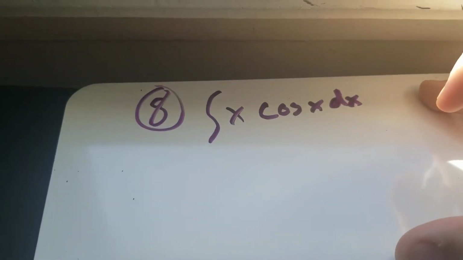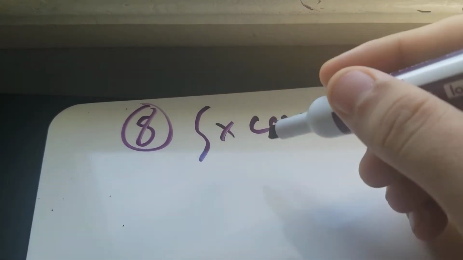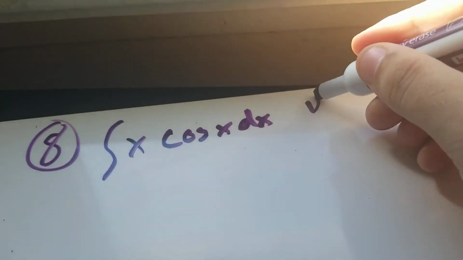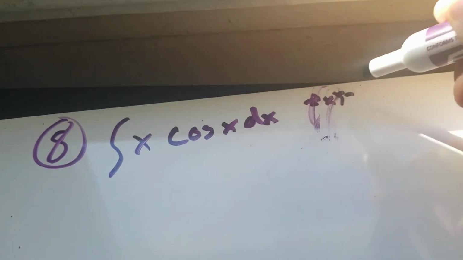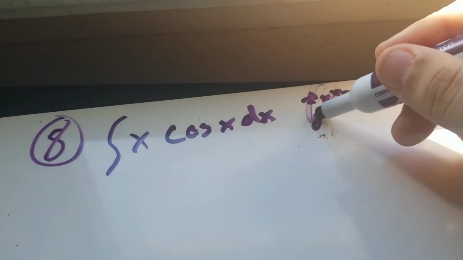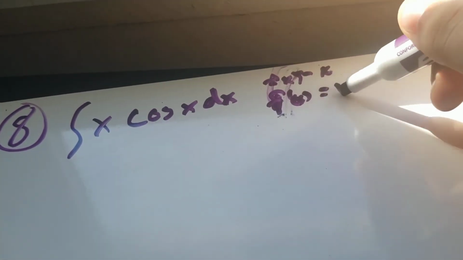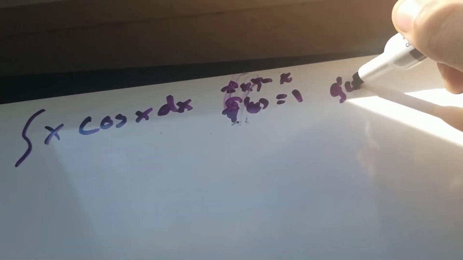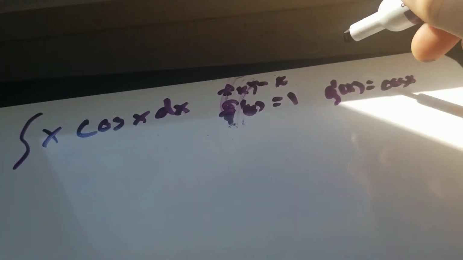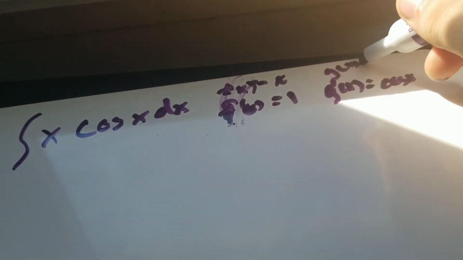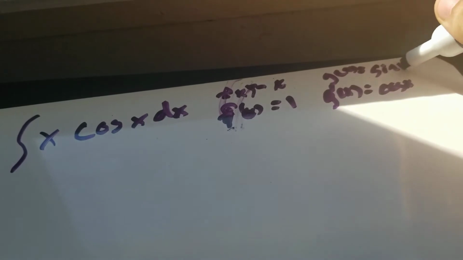All right, the next one, number 8, is x cosine x dx. Integration by parts, similar to the sine one we did already. So let's just do it quickly. f of x equals x, so f prime of x equals 1. g prime of x equals cosine x, which means g of x equals the integral of cosine, which is just sine x.